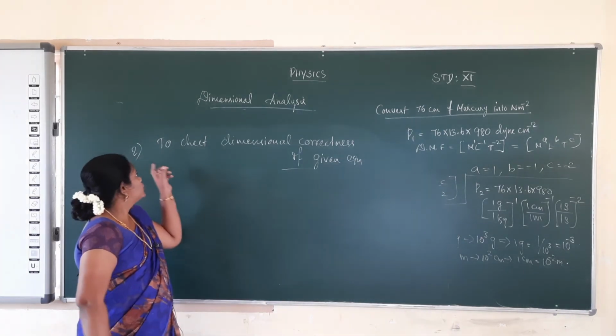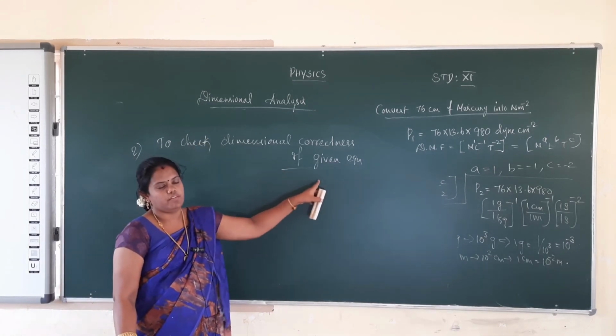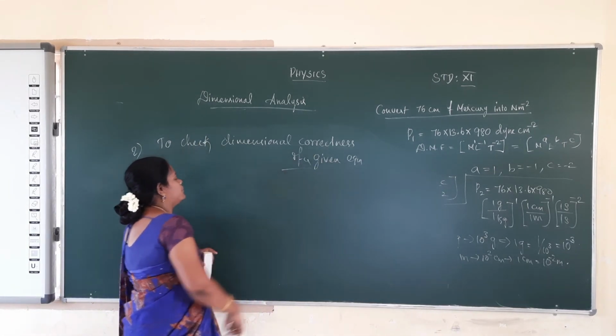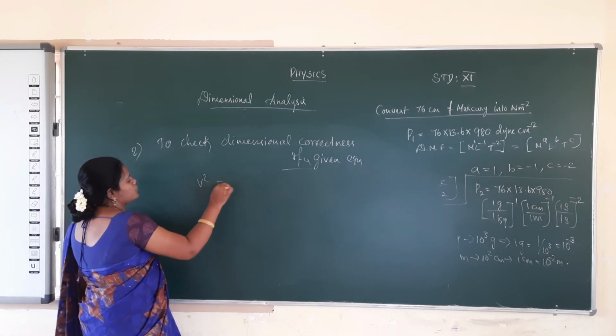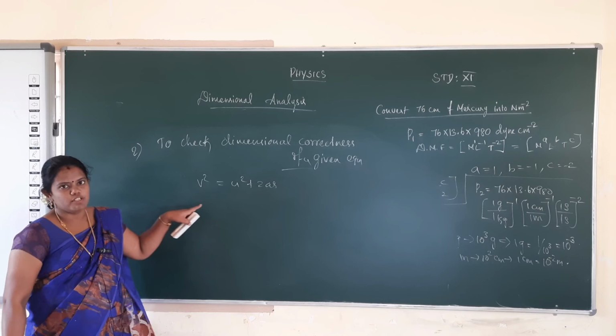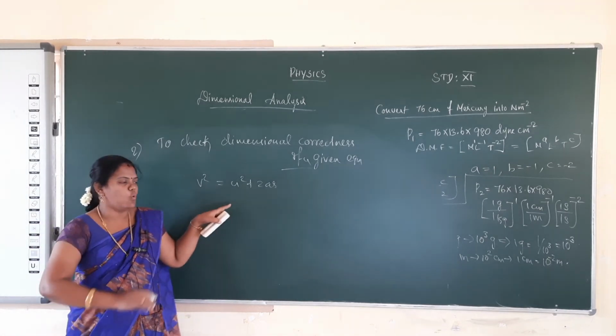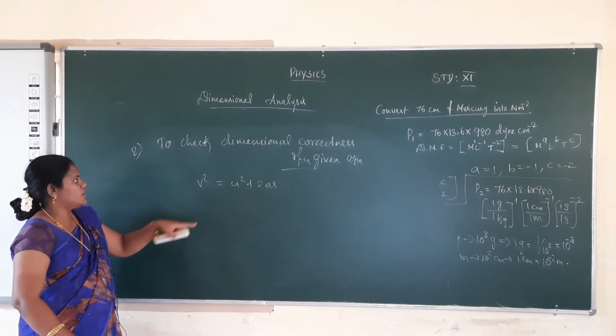So to check dimensional correctness of a given equation, you have to take one equation, that is v square is equal to u square plus 2as. This is Newton's third equation. Substitute all the values in the dimensions.